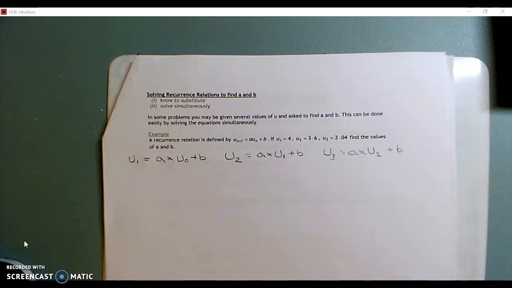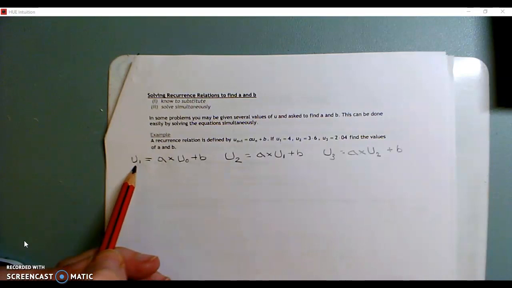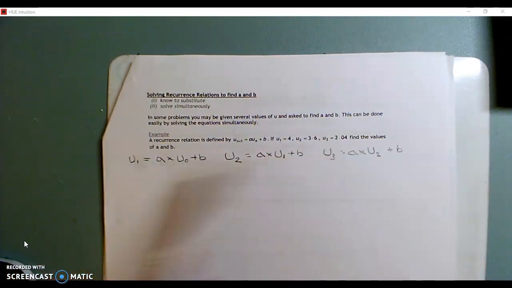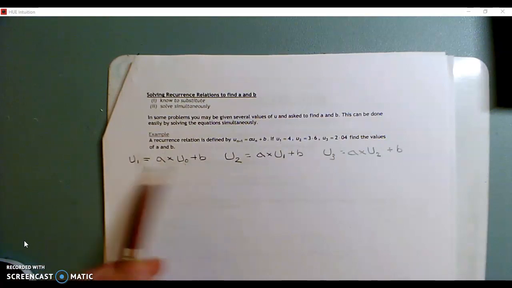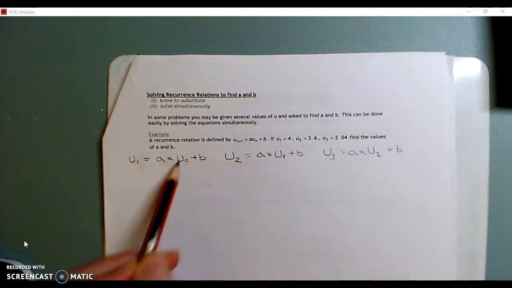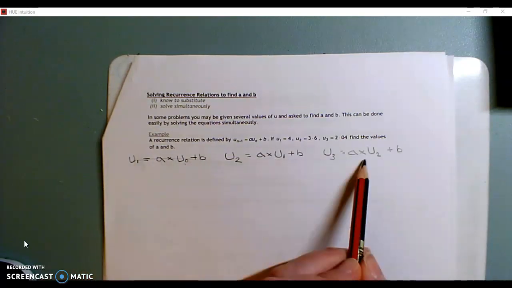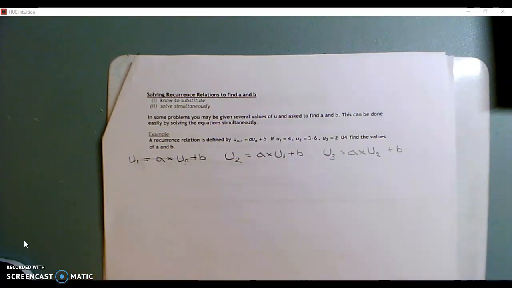When we look at this, given the information, we don't actually have u0, so this just helps us get an idea of where it is, but we're not going to really use this equation. We're going to use these two equations because we have these values.